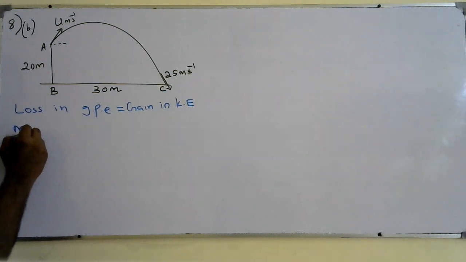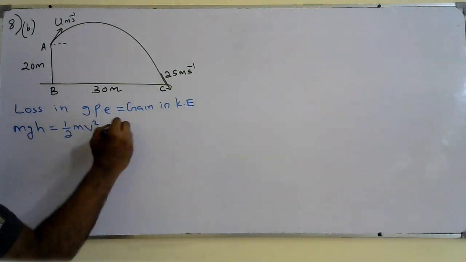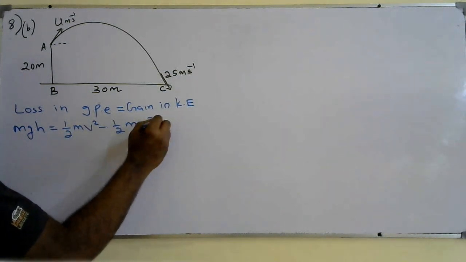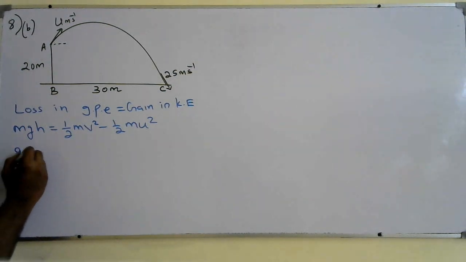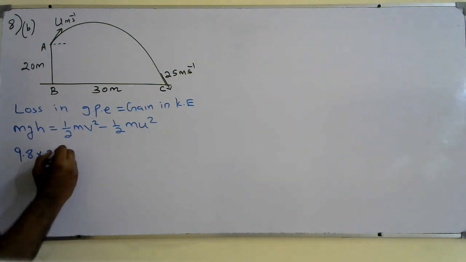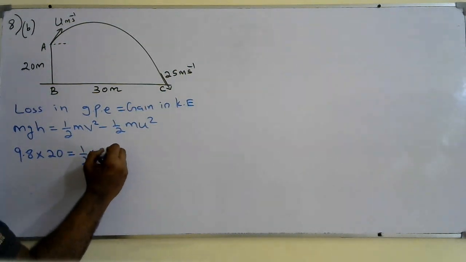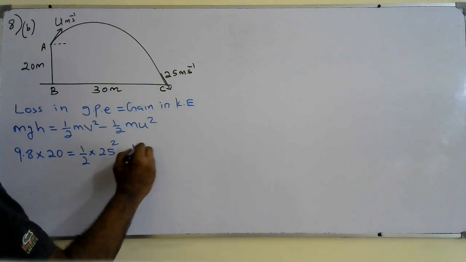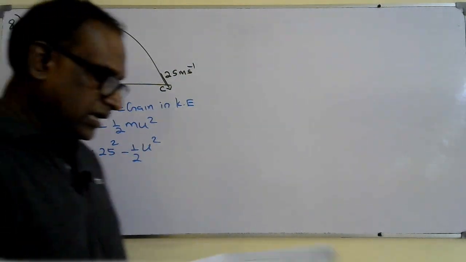So mgh equals half mv squared minus half mu squared. m will get cancelled. So g h is 9.8 into 20, equals half of 25 squared, finally, minus half u squared. Everything we know, just find the u.